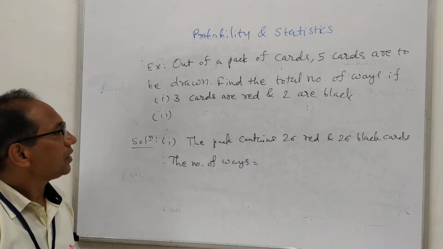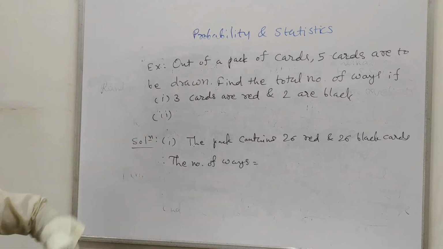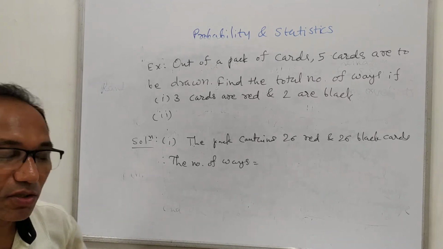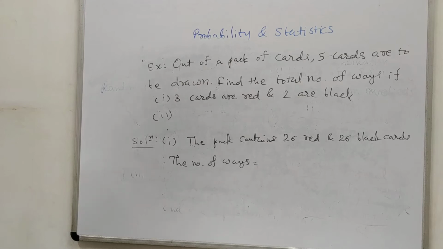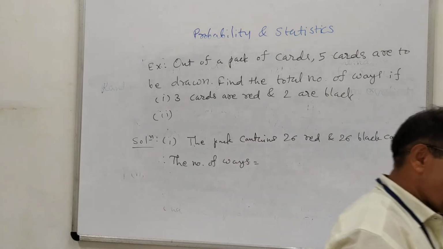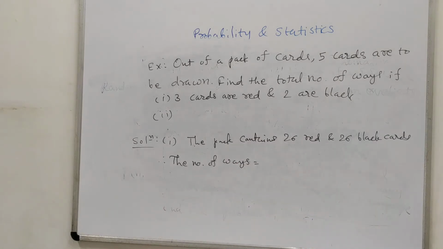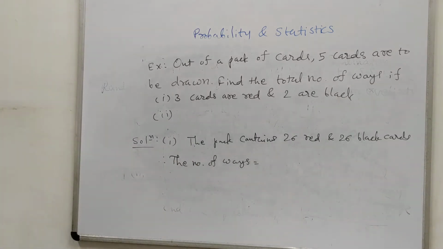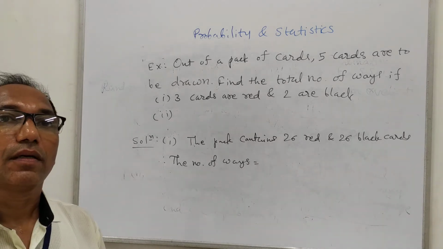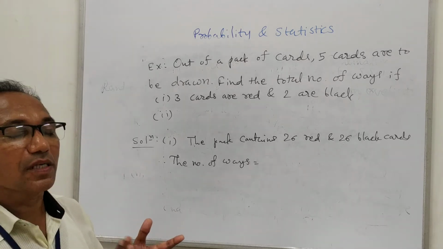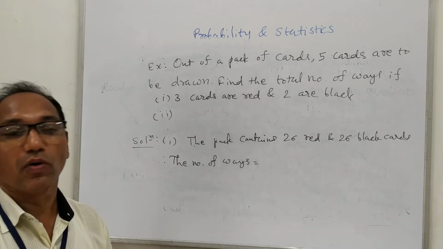Actually, here one more thing. In this case, we will have to consider a different case, because this is not a case of arrangement. It is only a case of selection. One thing I would like to draw your attention to: when you attempt the question, you must read the question very, very carefully.